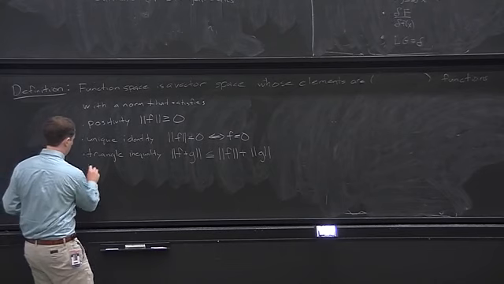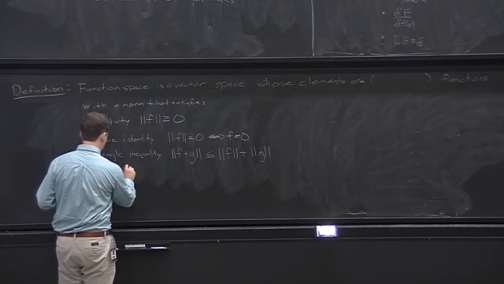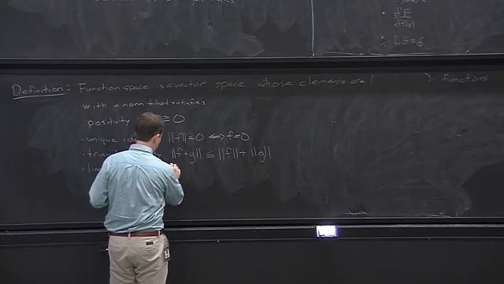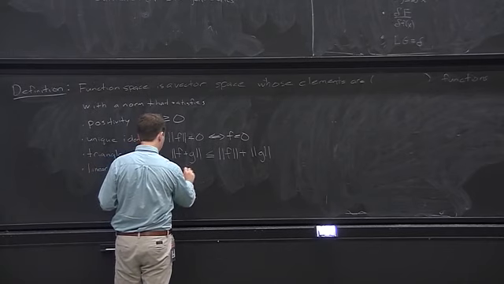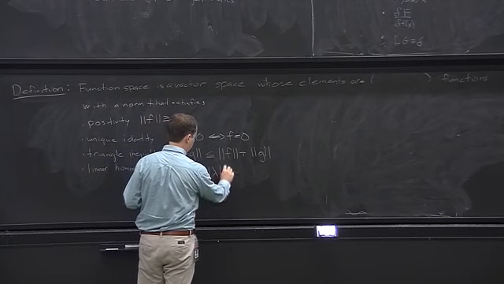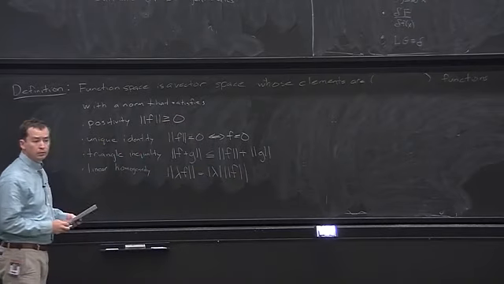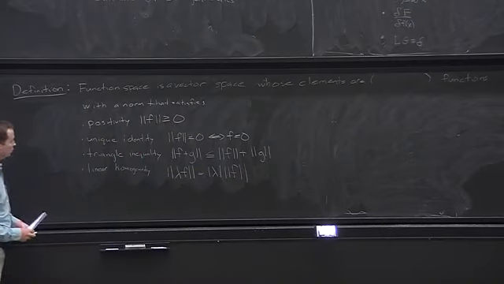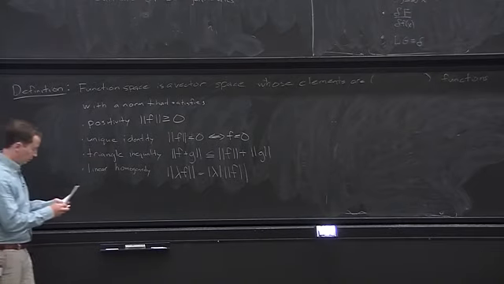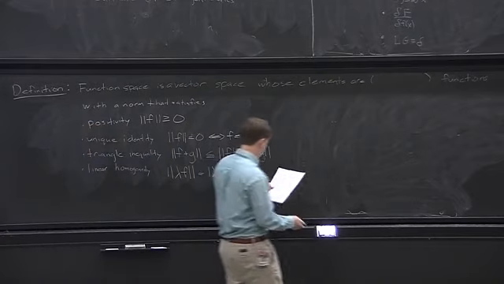And finally, linear homogeneity: take the norm of lambda times f, we get the absolute value of lambda times the norm of f. So basically what you'd expect, a function space is just a vector space whose elements are functions. These are just the familiar properties that a vector space should satisfy.